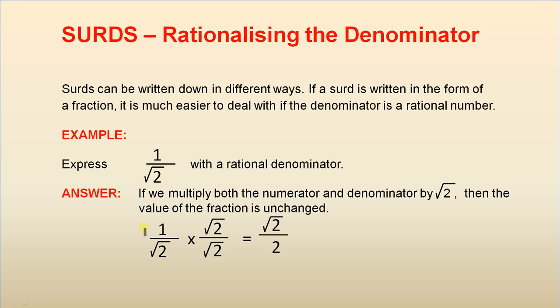So the overall value of this fraction is unchanged. So if we simplify this part here, 1 times the square root of 2 is the square root of 2. The square root of 2 times the square root of 2 is 2. So that is the new fraction, which has the same value, but notice it has a rational denominator.